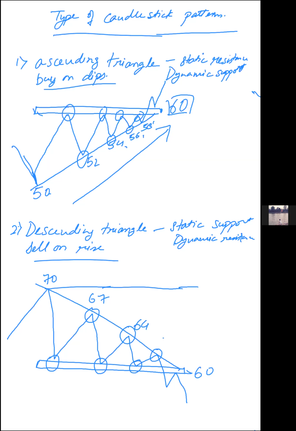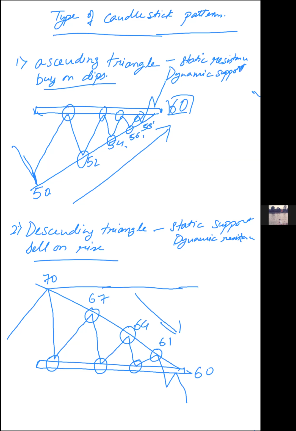Now people entered at 61, and then a downside breakout. This is called a sell on rise scenario. Every rise is being sold and fresh sellers are entering at every rise. This is called a sell on rise scenario.